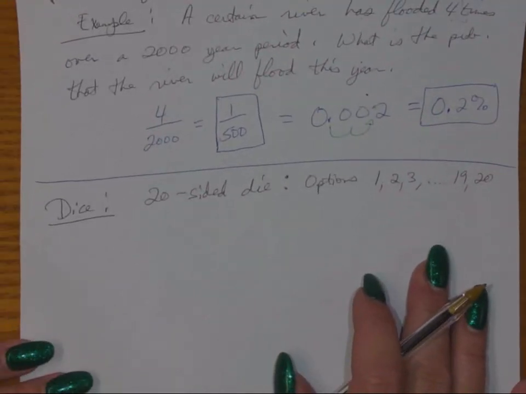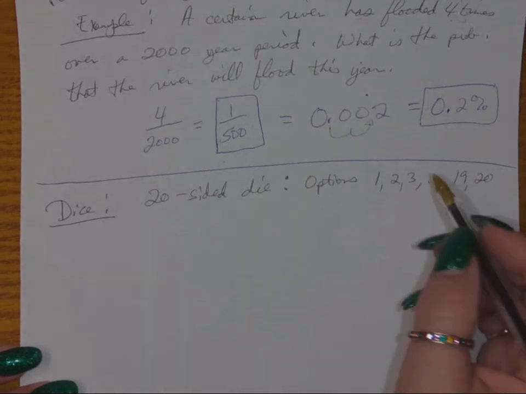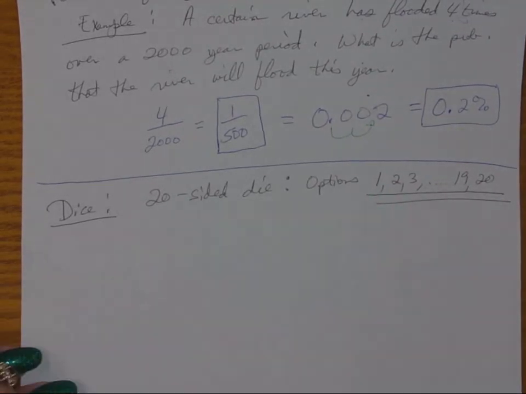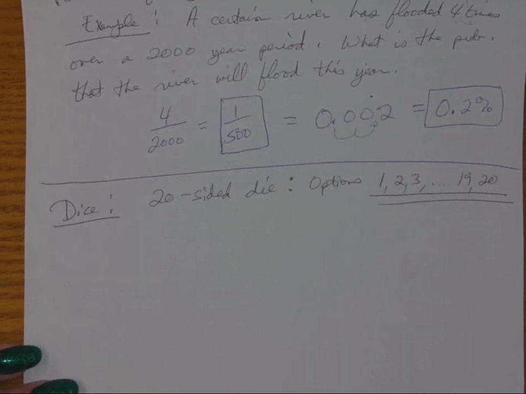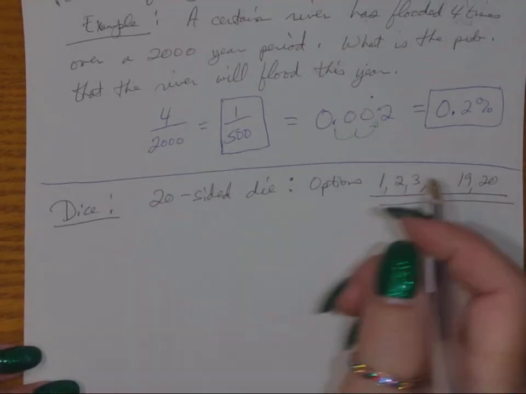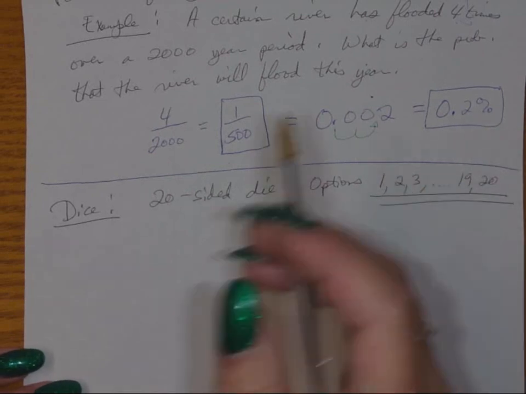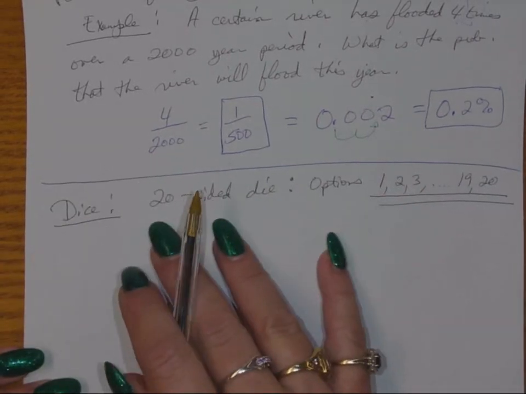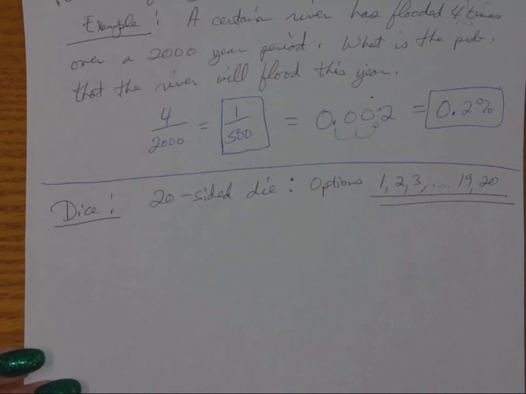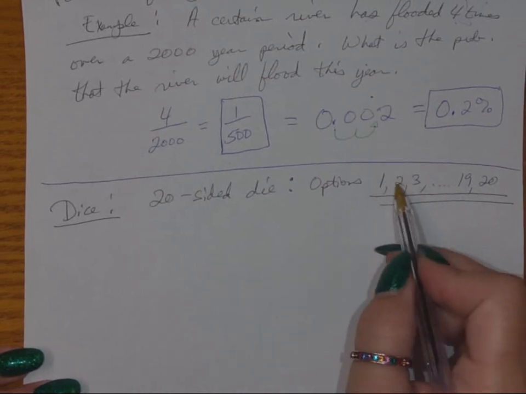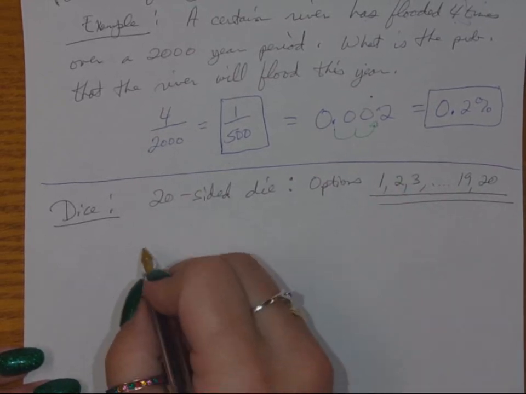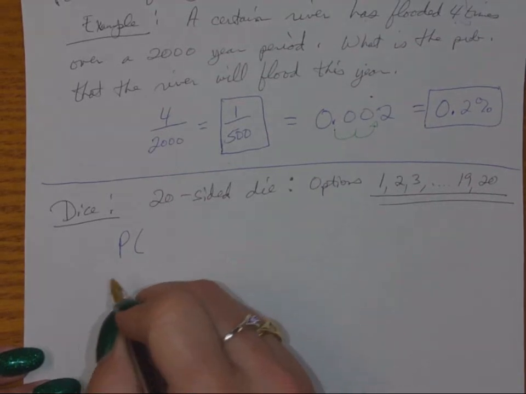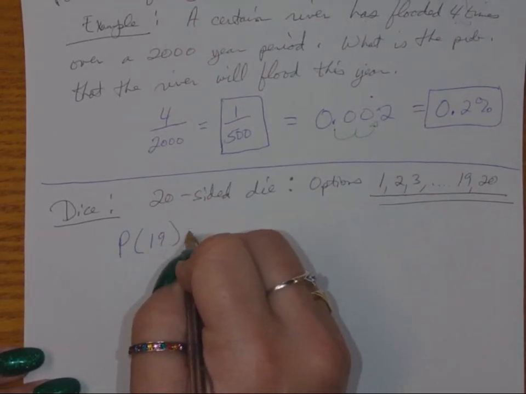Okay, so there's my options, my possible outcomes. I could roll this 20-sided die, I could get a 1, I could roll it, and I could get a 20, okay? So I just mentioned that 0% means never. So let's just say I have this particular 20-sided die, and it's a fair die, which means I'm just as likely to get a 2 as a 19 or whatever. So the question becomes, what's the probability that I roll this die and I get a 19?